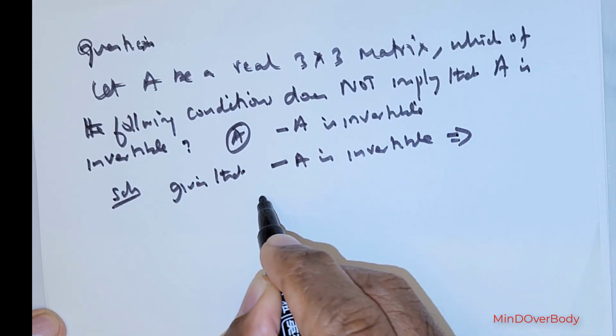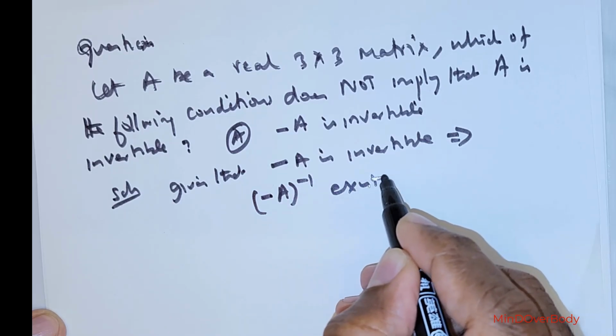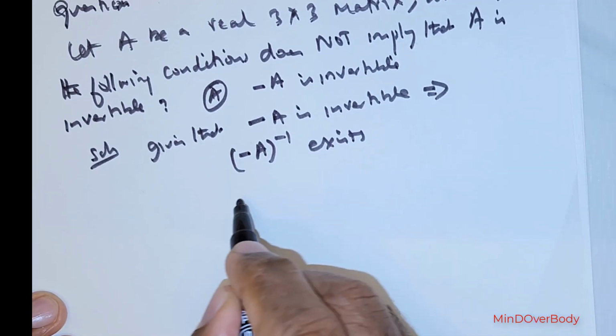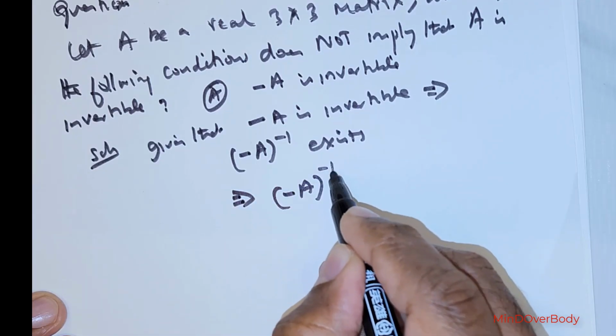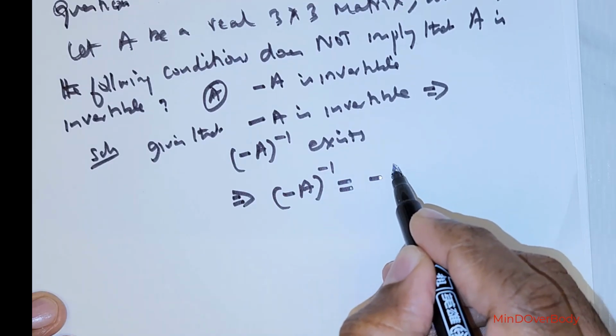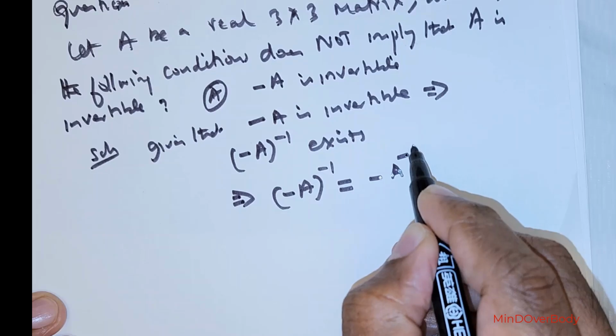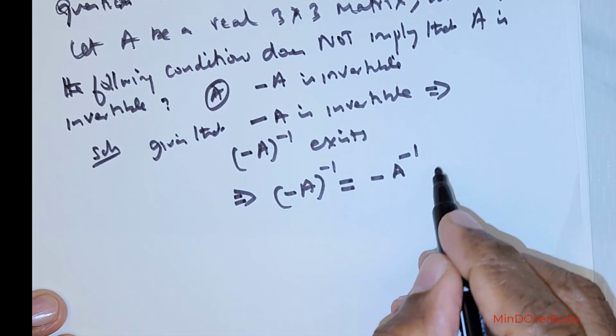So this means negative A inverse exists. Now this means (negative A) raised to the power of negative 1 is indeed equal to negative A raised to the power of negative 1. Okay, so this is always true.